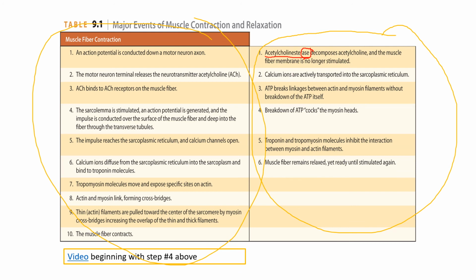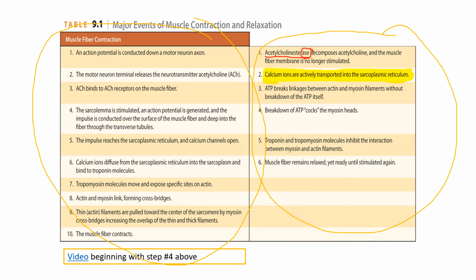And so what does the SR do? Well, the sarcoplasmic reticulum, notice what it says here, it pumps that calcium back into that organelle. Active transport, remember that? Movement of materials from a region of low concentration to a region of high concentration, just the opposite of diffusion. That takes energy, doesn't it, to do that?